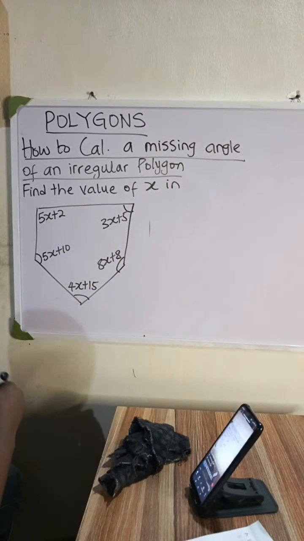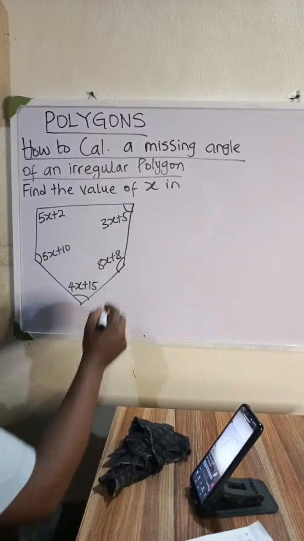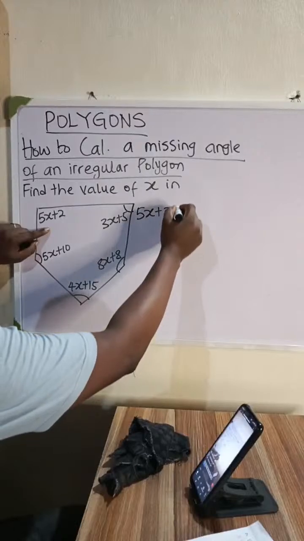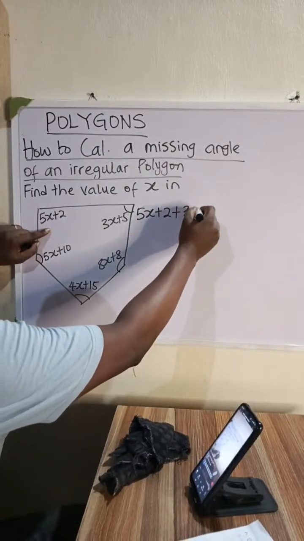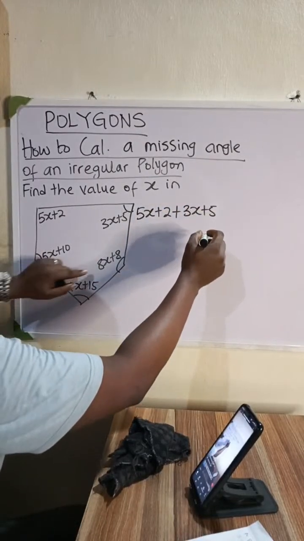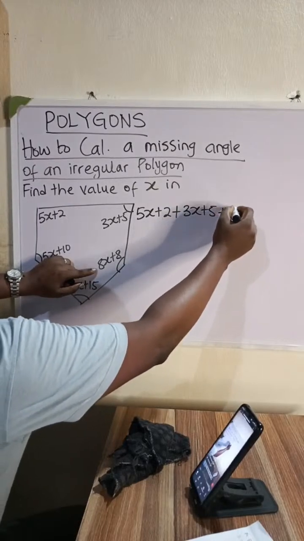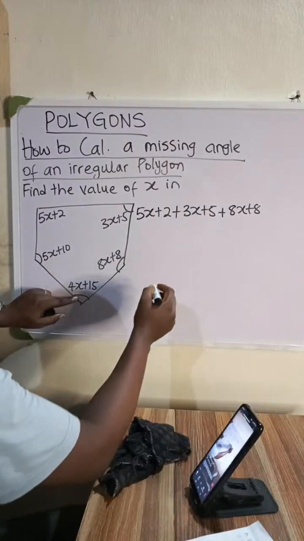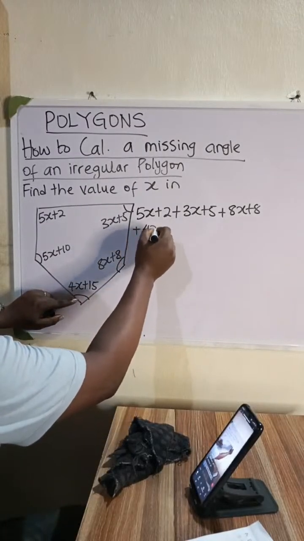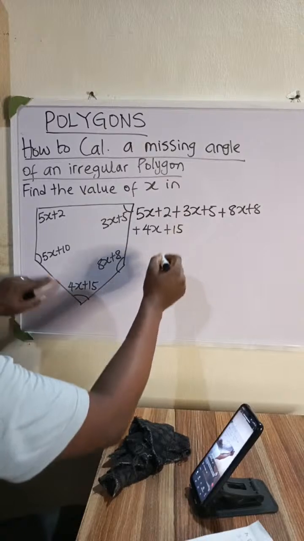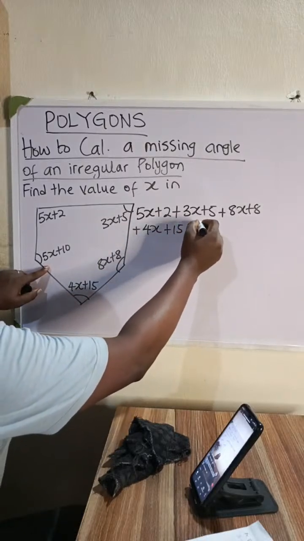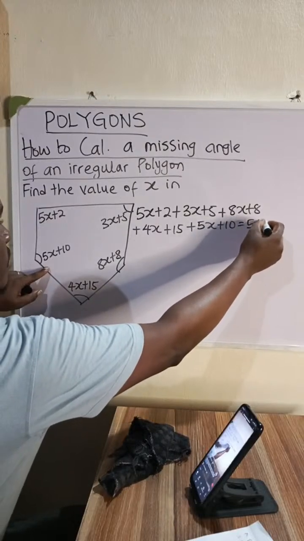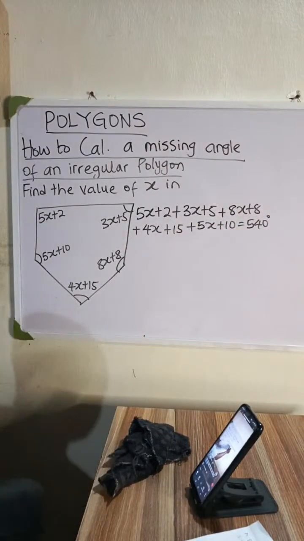So let's do that. This will give us 5x plus 2 plus 3x plus 5 plus 8x plus 8 plus 4x plus 15 plus 5x plus 10 is equal to 540 degrees.